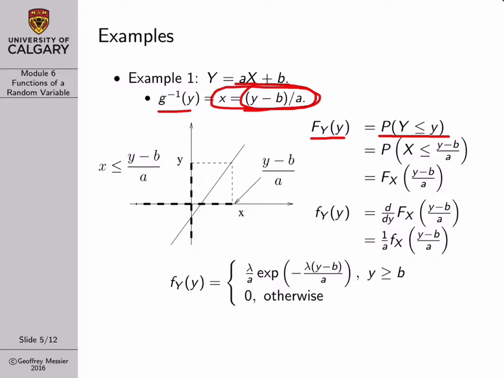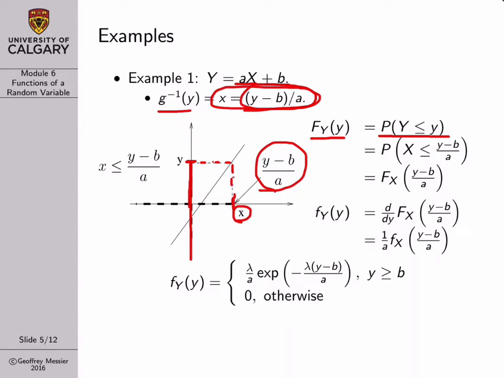On our diagram, on our y-axis, this is the point equal to lowercase y, and everything less than or equal to it is the region I'm showing by highlighting it in red. Now, if we translate this across to the x-axis, this corresponds to the region up to the point x equals y minus b over a.